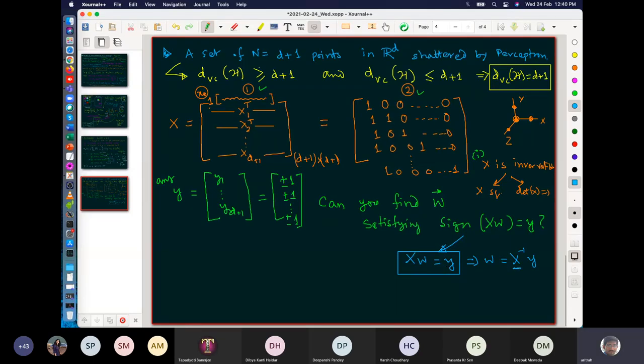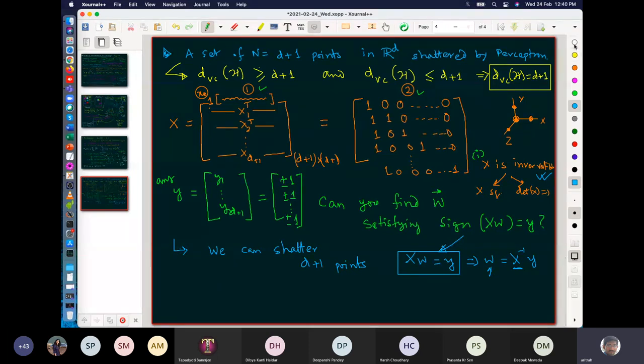It is easy because this is invertible. I am using this fact, and for any combination of y, I can get a w. Yes or no? Yes, sir. That means we can shatter D plus 1 points.